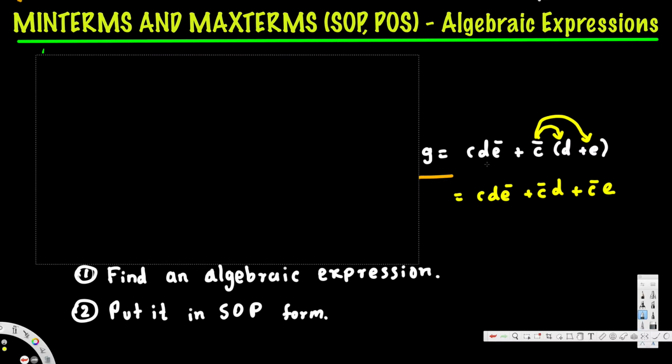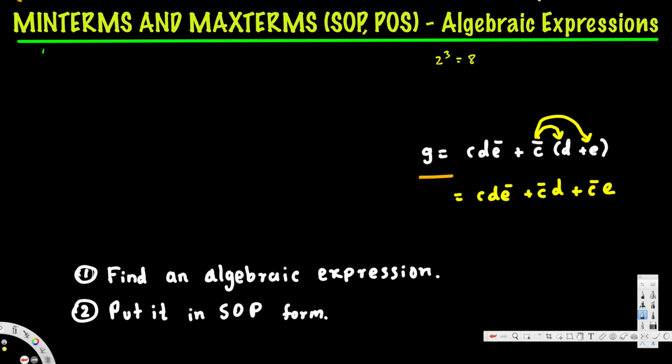In this truth table, we have three variables: C, D, E. The number of combinations depends on the variables. Since we have 3, 2 to the power 3 gives us 8, so we are going to have 8 different combinations.